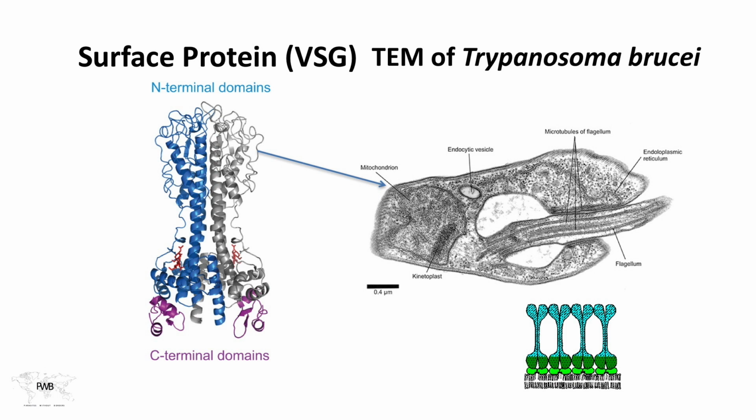This is data that was collected over the last 20 years, but it's now known that the surface of this organism can also absorb things through little cracks that exist when these surface proteins line up to form this impervious barrier to the host's immune attack. It's a very complicated system.